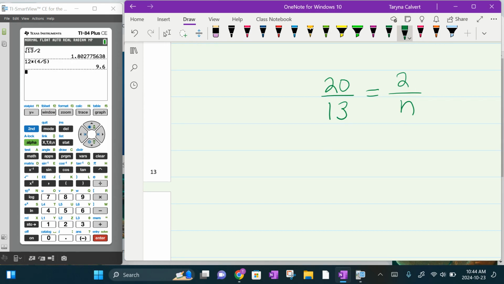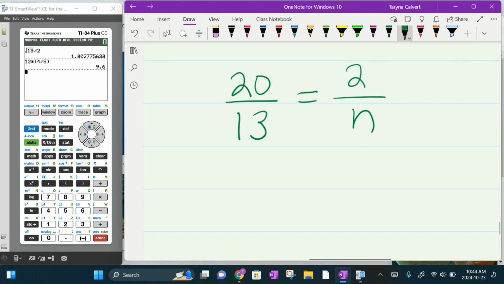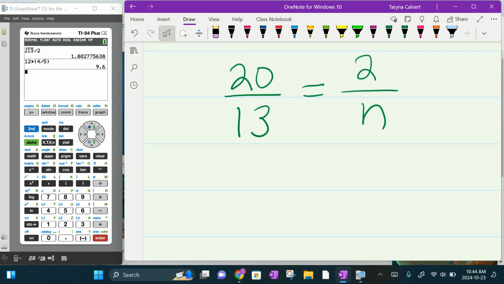So if the n's on the bottom, are we okay with this one? Because with this one, do we actually have to do more than one step? So this one, we do have to multiply the n over, and we should multiply the 13 over, just so I don't have to touch my calculator. So this one, I'd multiply the n over to the 20, and I'd multiply the 13 over to the 2.